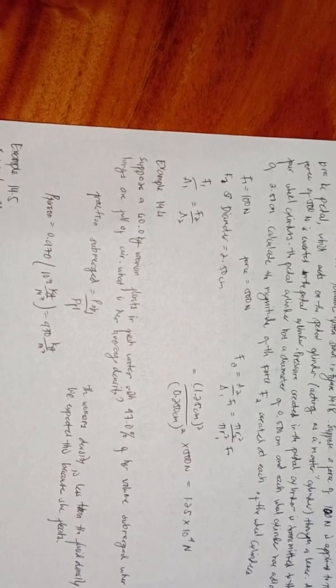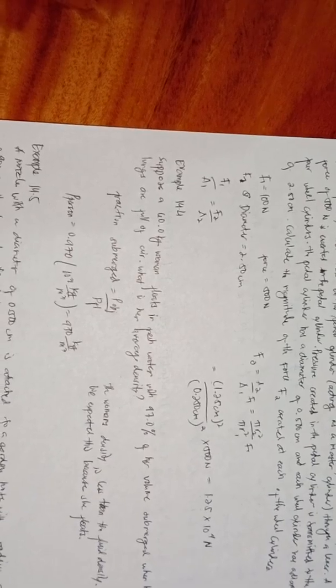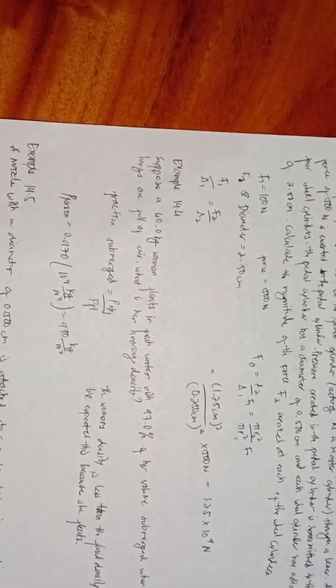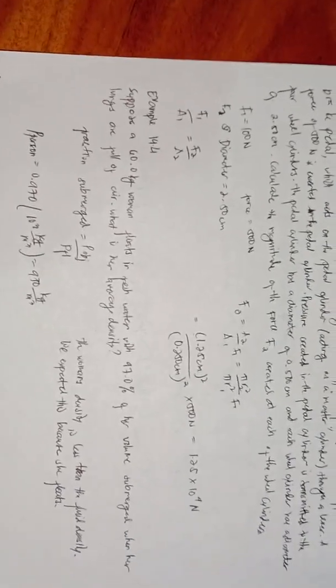We have the givens. So strategy: we are given the force F sub 1 applied to the pedal cylinder. The cross-section areas A sub 1 and A sub 2 can be calculated from their given diameters. Then we can use the following relationship to find the force F sub 2. So we have this formula.